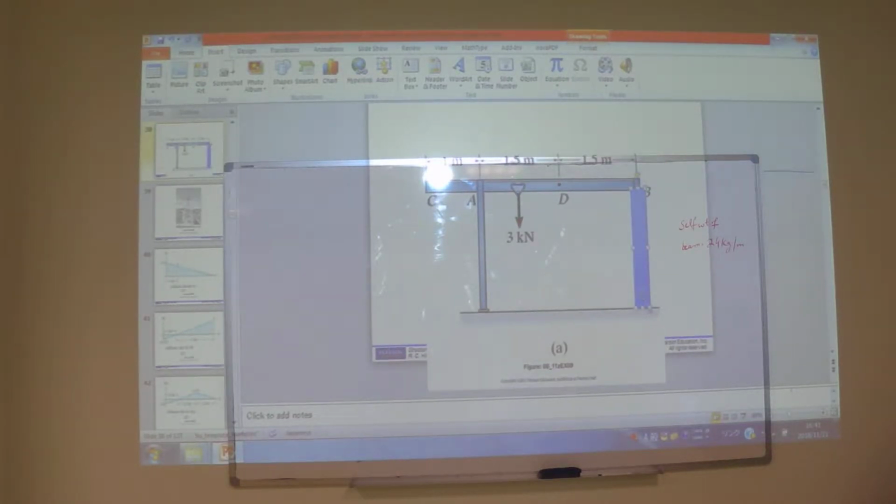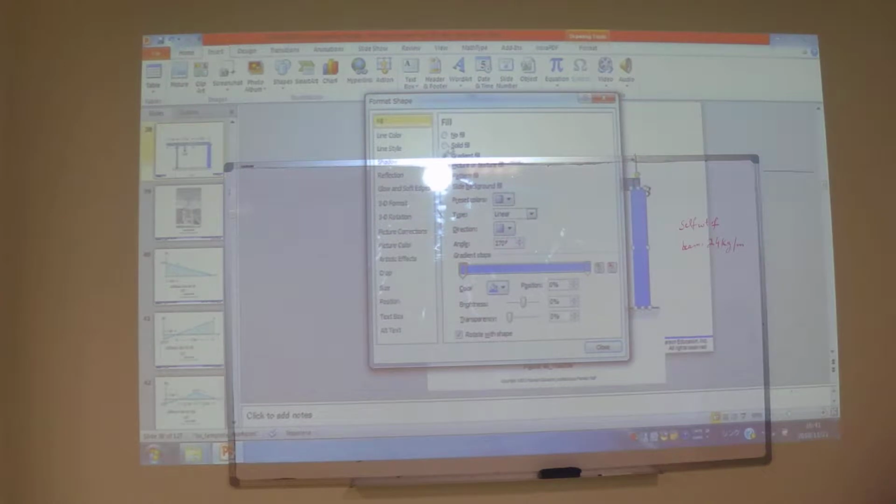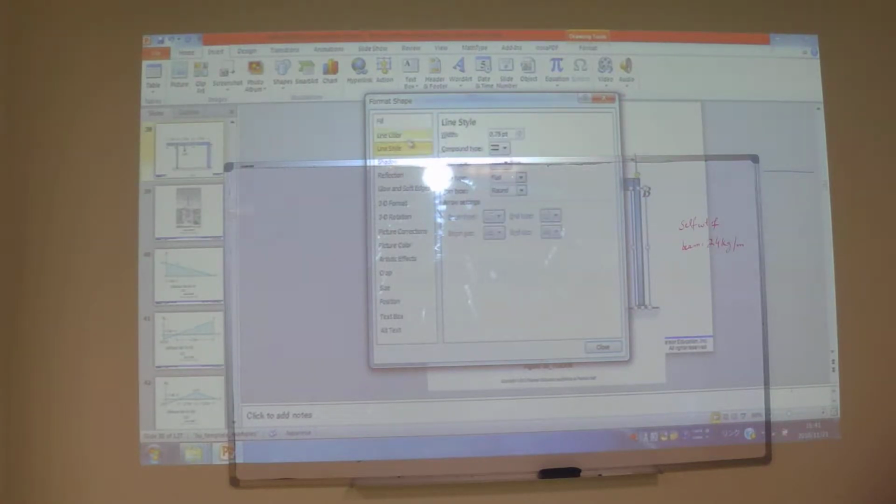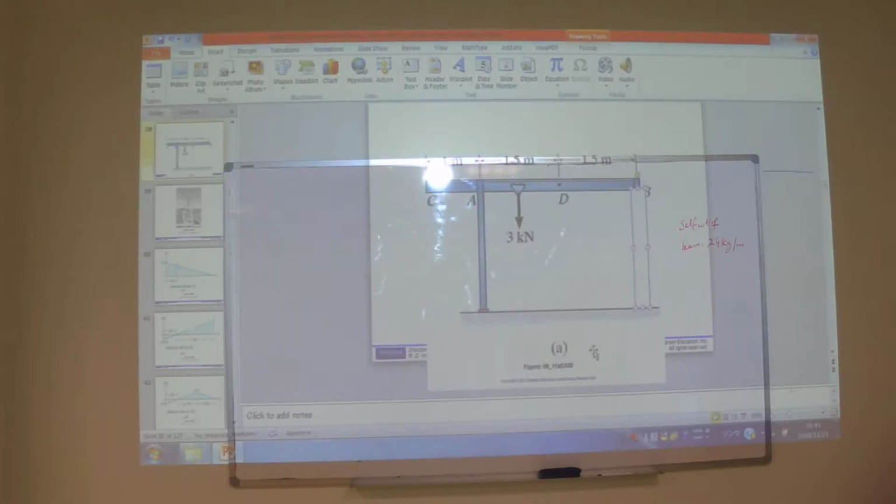Okay, like this. And so it fills, solid fill, but it should be wide, line, here, so C.